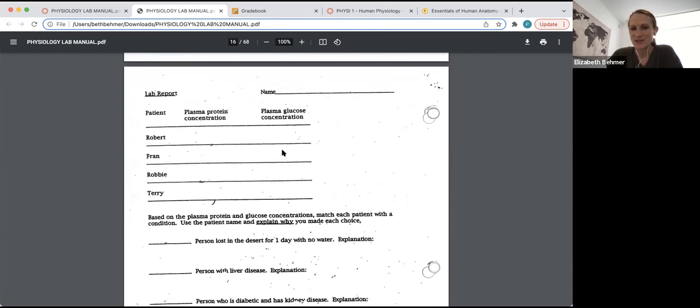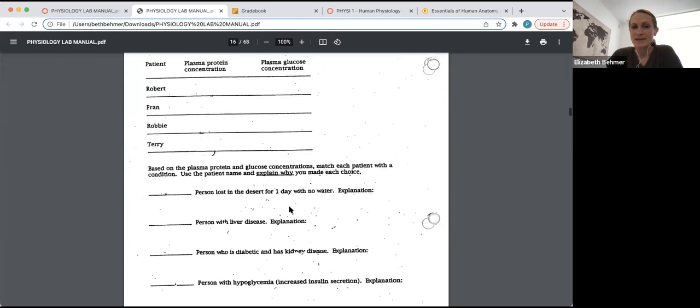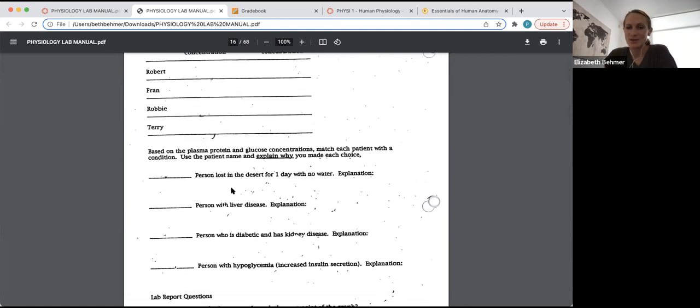So find the glucose concentrations for Fran and Terry using that method. Then, based on their plasma protein and glucose concentrations, match each patient with a condition. You'll have to do a little bit of research about this, but I tried to provide you with some hints.